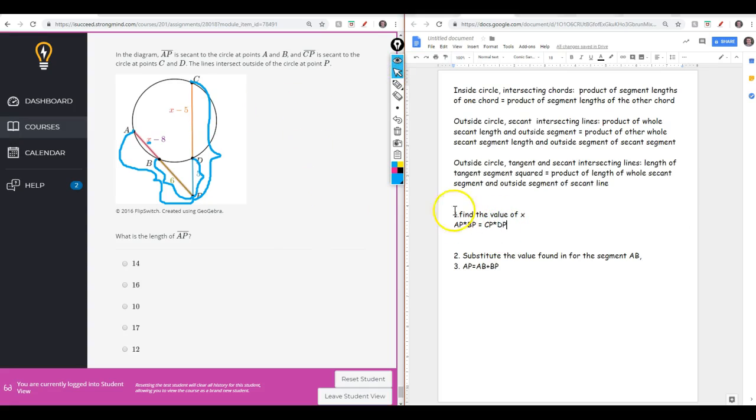So we know that the value of AP is found by segment addition, so I'm going to just add x minus 8 plus 6 together, and since there's more than one term, I'm putting it in parentheses. And that's going to be multiplied by BP, which is 6. So CP, again, there's two parts, and by the segment addition, we can add x minus 5 plus 5, which is the length of CP.